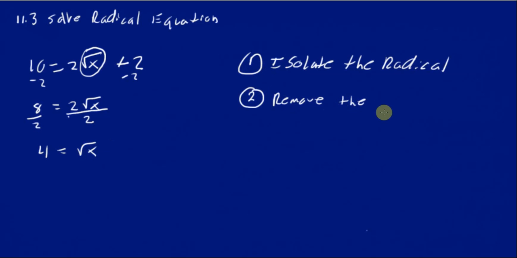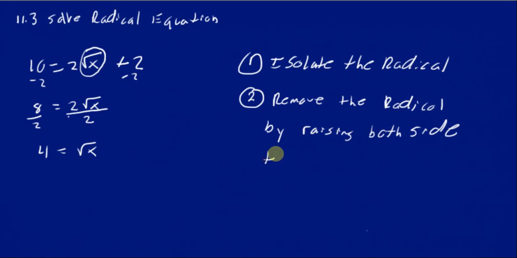Then I'm going to remove the radical by doing the inverse operation, just like I removed the 2 being multiplied by the square root of x by the inverse operation, which is division. The inverse operation of squaring is the square root, and the inverse of the square root is squaring. So I'm going to remove the radical by squaring both sides, or I could say by raising both sides to the proper power.